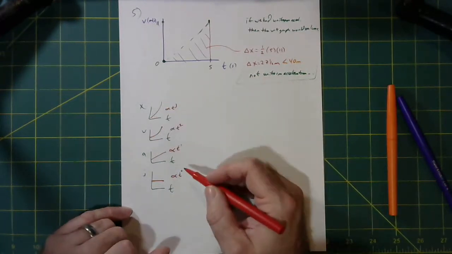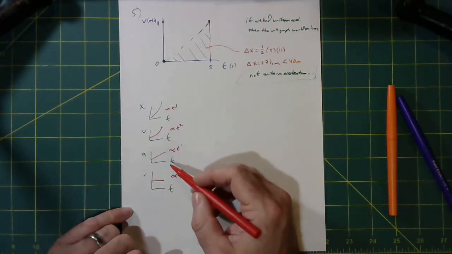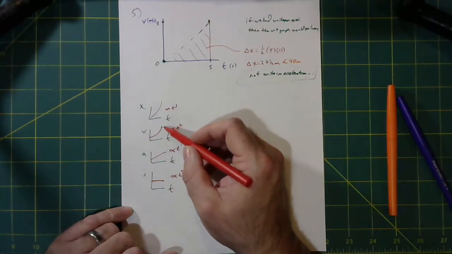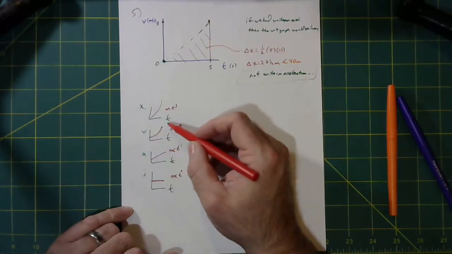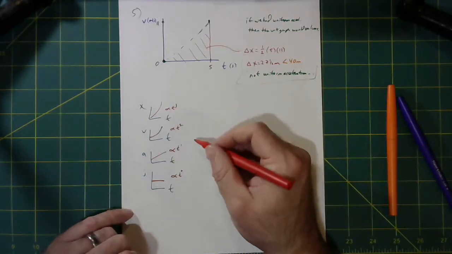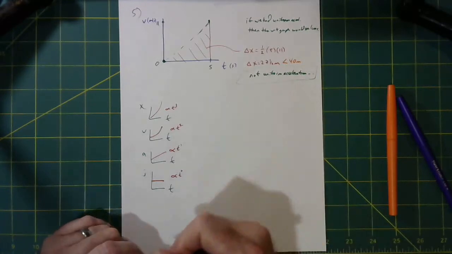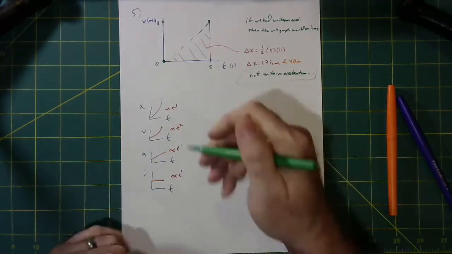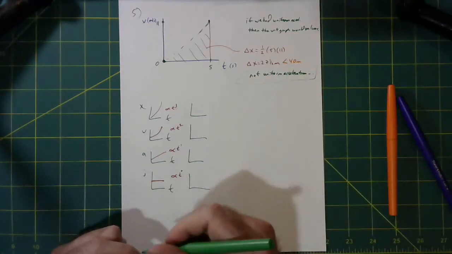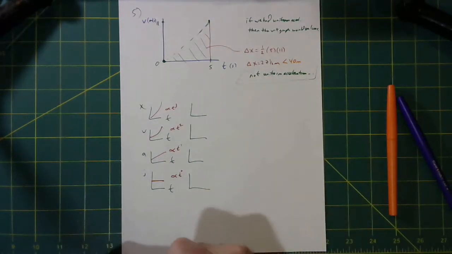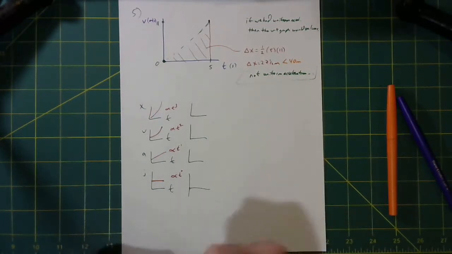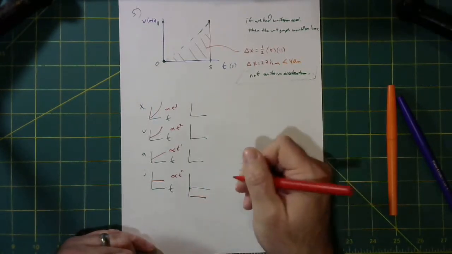But anyway, point is, this might be like this. This is concave up, like a parabola opening upward. But we could also have something like this, where we'd have our graphs, and this time it would be a constant negative jerk, right?